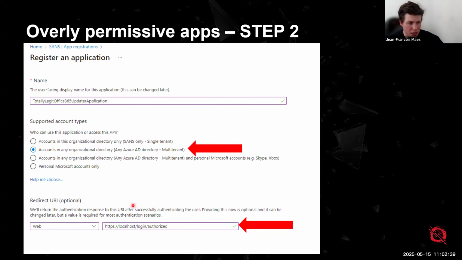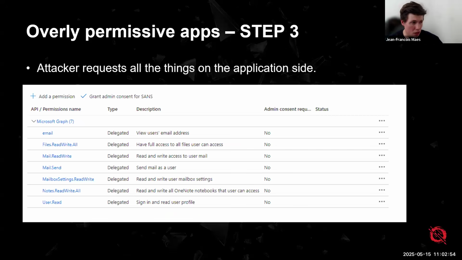And here I'm redirecting the URL. Since I'm doing a demo here, I'm redirecting it simply to localhost, which is going to be the actual endpoint that receives the tokens of employees that are actually going to accept this application.